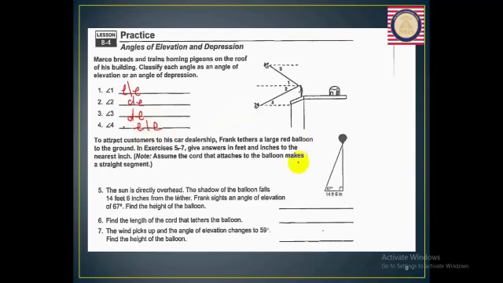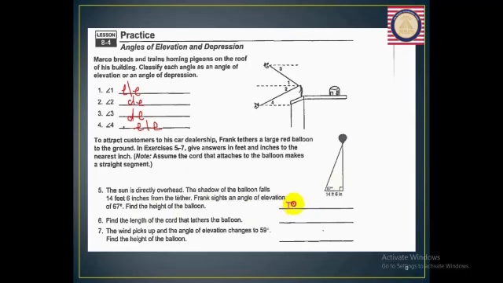The sun is directly overhead. The shadow of the balloons falls 14 feet and 6 inches. This is the angle of elevation. Find the height. We're going to use tan.